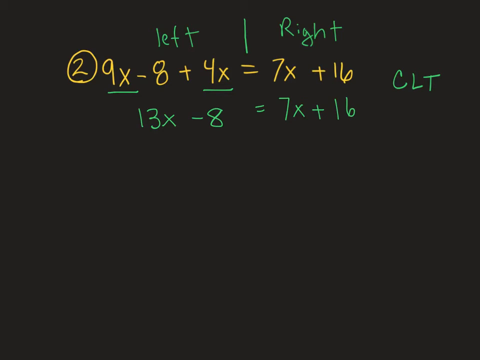I now see that I have variables on the left and variables on the right, so I'm going to start by taking that positive 7x and using the inverse and subtracting 7x.